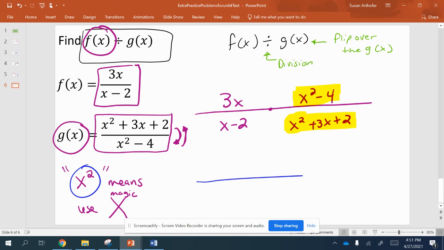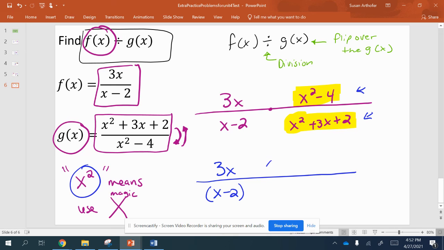So let's get started with our final answer by drawing a straight line. The 3x is just 3x. The x minus 2 on the bottom is just x minus 2. Put parentheses around it because it's two pieces. And eventually that will get canceled when we do the magic x's.